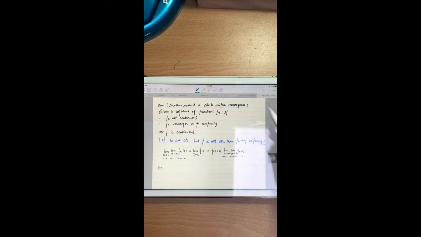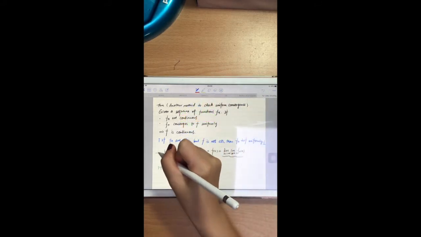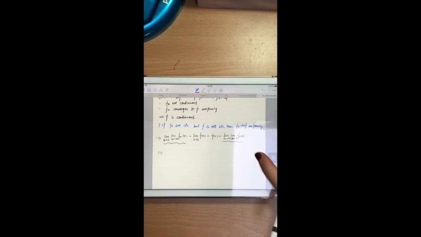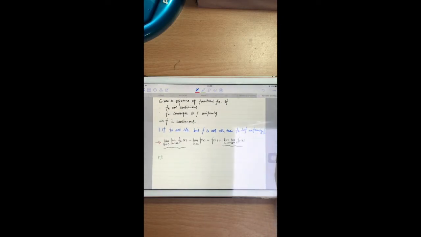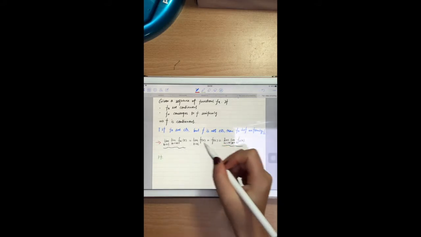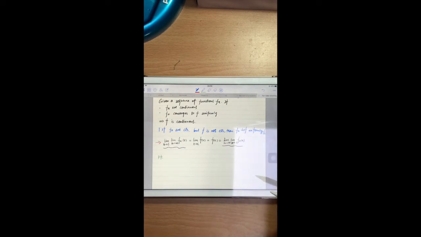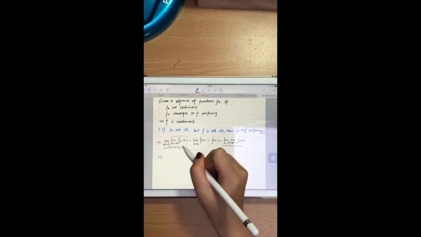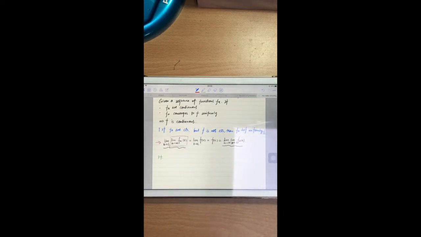Another thing I didn't mention is that we can have a result about taking the limit as x goes to some point c, where we look at the limit of the sequence of functions. But what is the limit of the sequence of functions? First of all, the limit of the sequence of functions is a function.